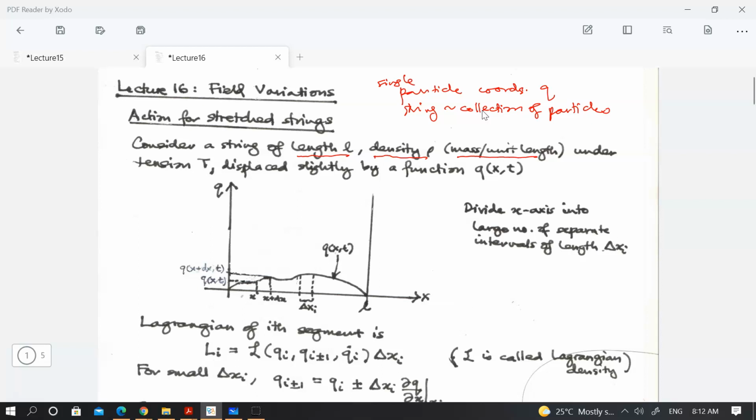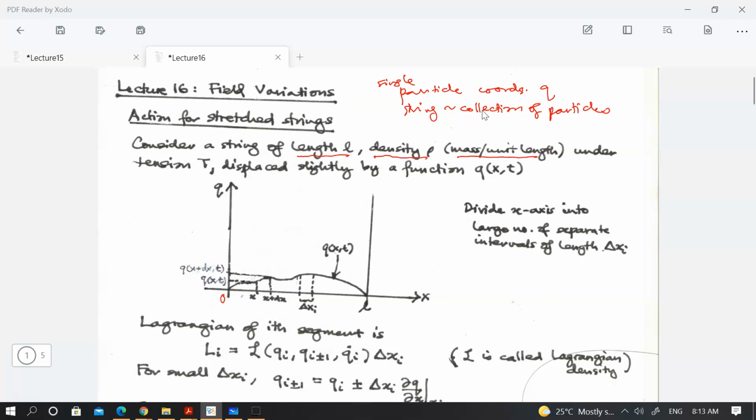You start subdividing your string into segments. In this particular case, we're going to fix the string from 0 to L, and then you divide your x-axis, which will later involve the position of the particles along the string, vibrating or displaced from the x-axis.